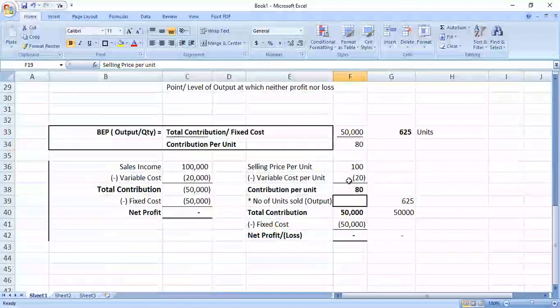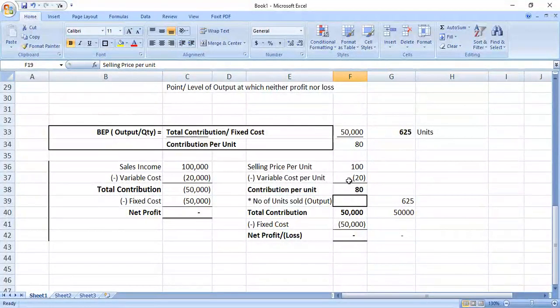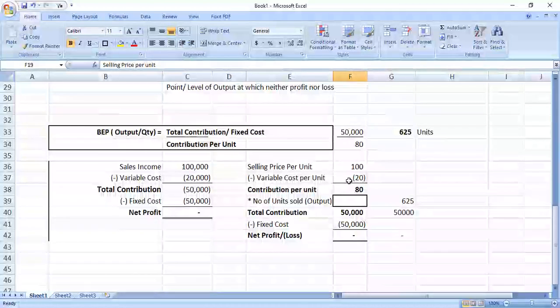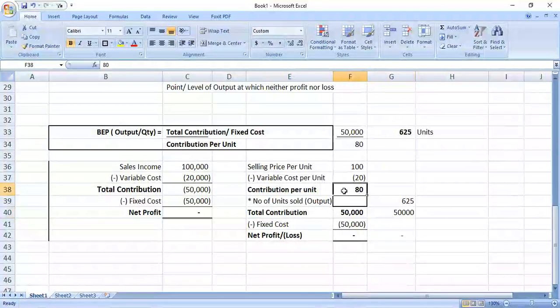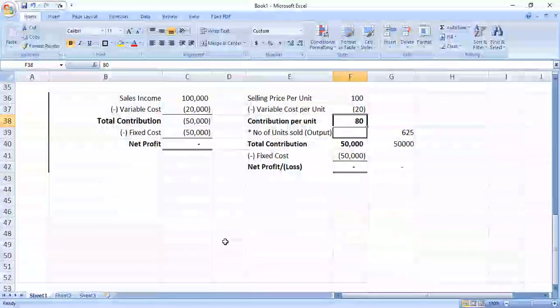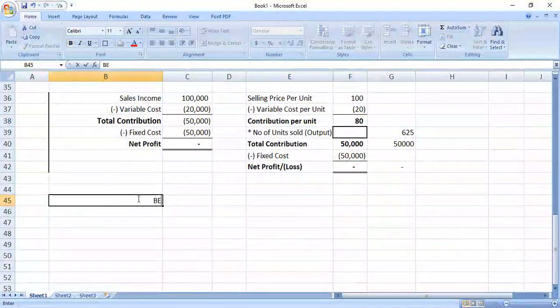Now we learn the break even point. Break even point is the point at which my profit or loss is zero, right? I don't have profit or loss. So I can find the quantity at which I am at break even by taking the total fixed cost, which equals total contribution, and dividing by one unit contribution.